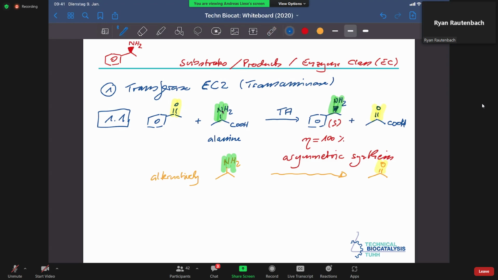If we would have a different side product in the first reaction, so if the pyruvate would, for example, be the acetone, would we not have so much of a back reaction because the enzyme would not recognize our product?